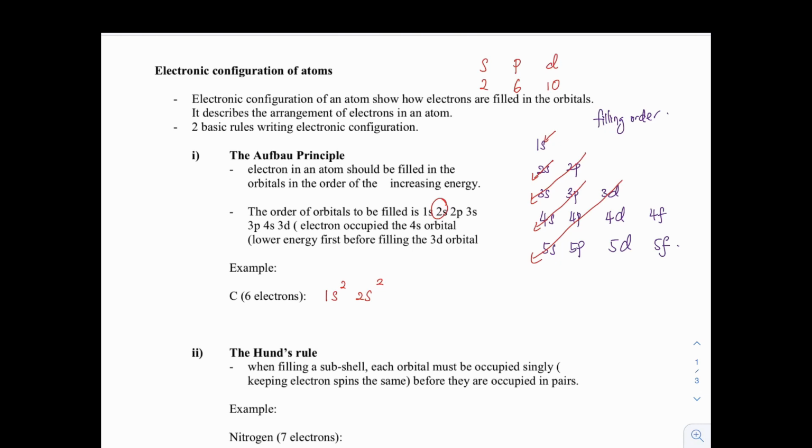So I'm going to write my 2p here. Now you have used up 4 electrons. You need 6 electrons, which means you have 2 electrons left. So you write 2 over here.